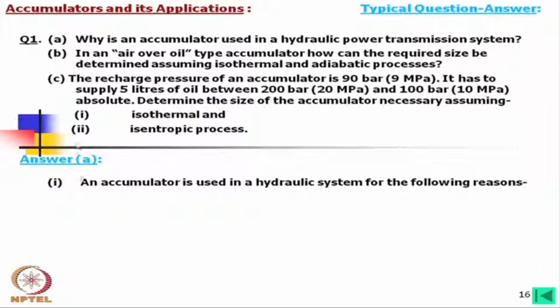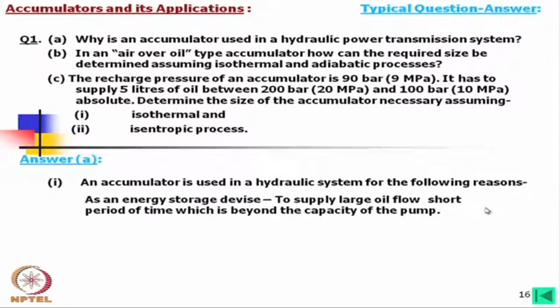Now, answer of part A, why is an accumulator used in a hydraulic power transmission system? An accumulator is used in a hydraulic system for the following reasons. 1, as an energy storage device to supply large oil flow for a short period of time which is beyond the capacity of the pump.